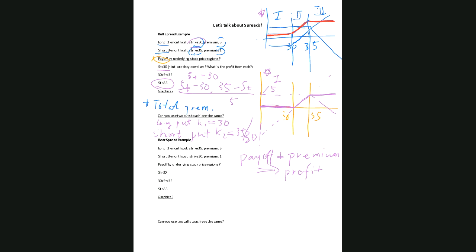What is the total premium? Well, for the long one, you pay $3. For the short one, you get $1. So the total premium is -2. We are going to shift this whole graph that we originally got from 0 to -2. -2 here, and then +3 here.